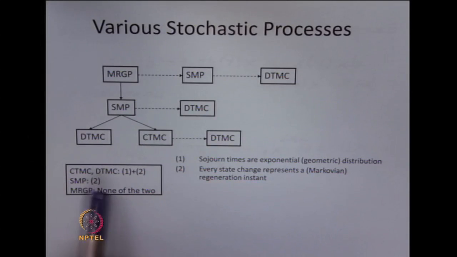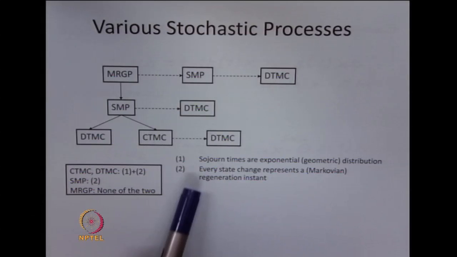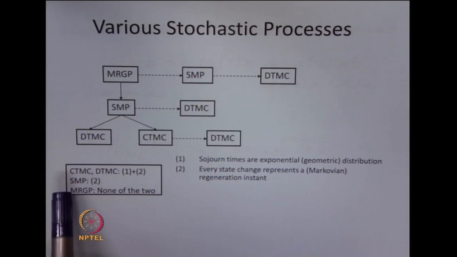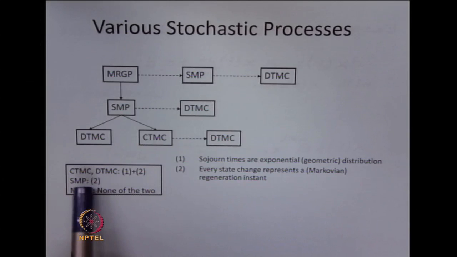The first one is, if both the properties are satisfied, then the corresponding stochastic process is a Markov process. So, based on whether the time space is discrete or continuous, we have a discrete time Markov chain or continuous time Markov chain.